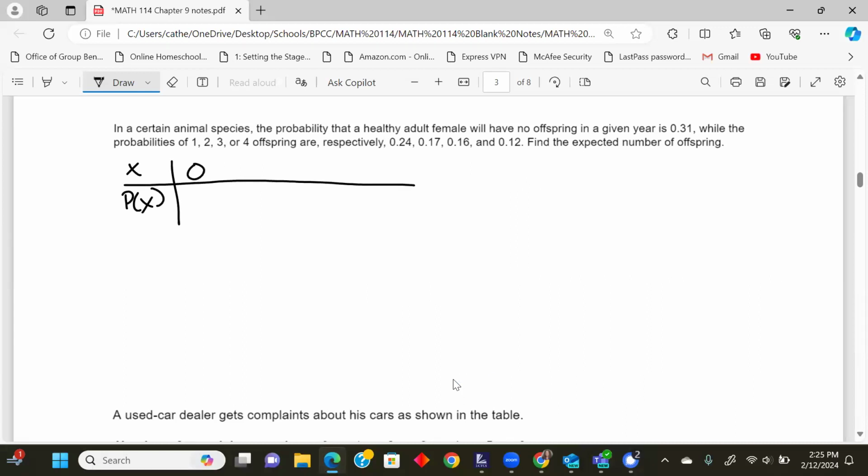So 0 offspring, 1, 2, 3, and 4. That's 0.31, 31% chance they're going to have none. 24% are going to have 1. 17% are going to have 2. 16% 3. 12% are going to have 4.